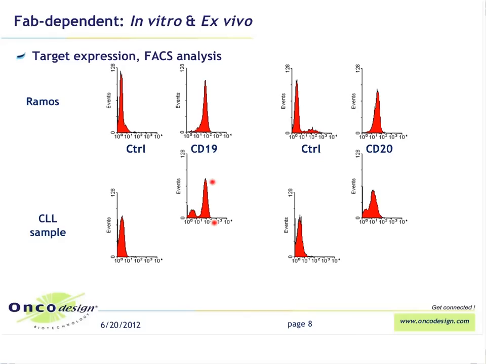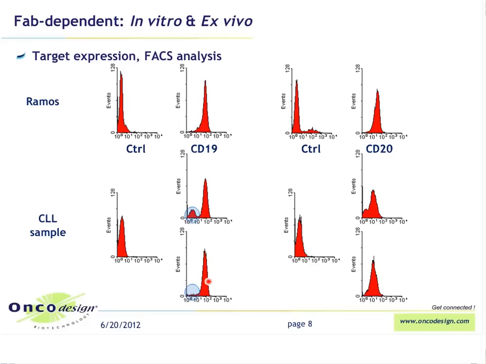And you have here the result of the quantification of these CLL samples, and most of the cells are of B type with a very high B cell expression.